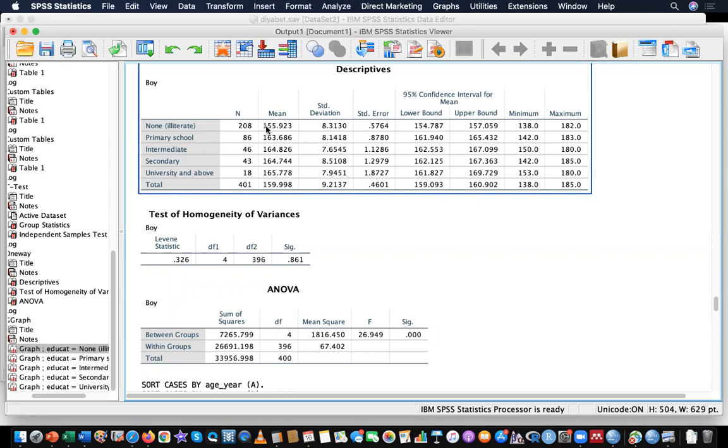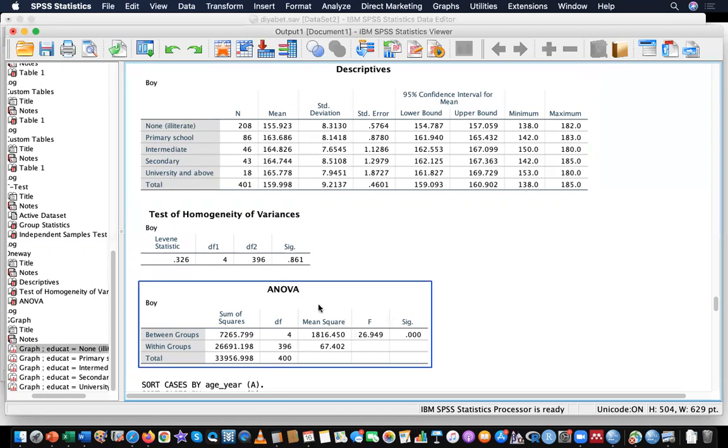Is there a significant difference between 155 and 165? Yes, probably, because this is the minimum, this is the maximum. But is there a difference between 163 and 165? Is there a difference between primary school and university concerning the height? This ANOVA is not giving you the answer.